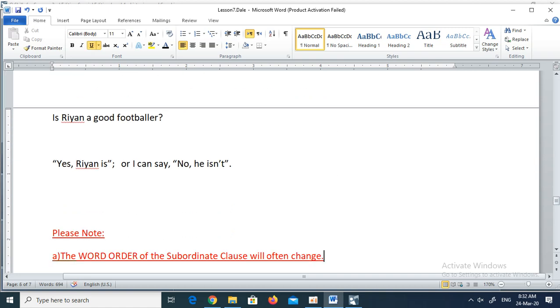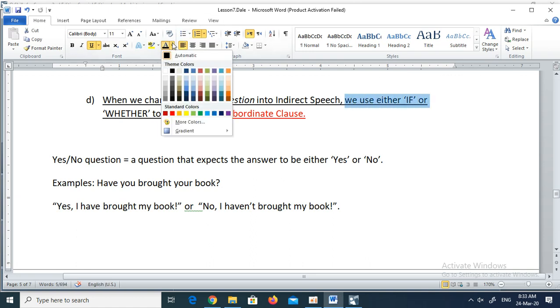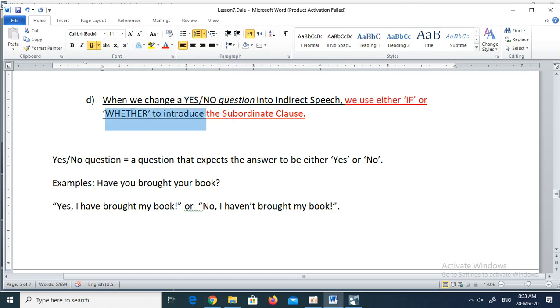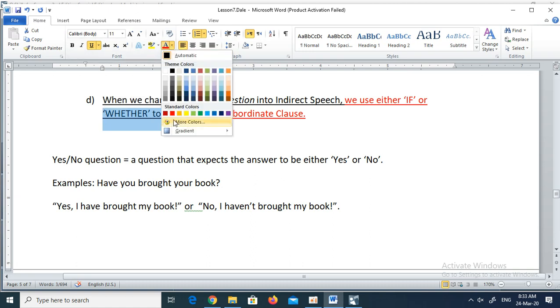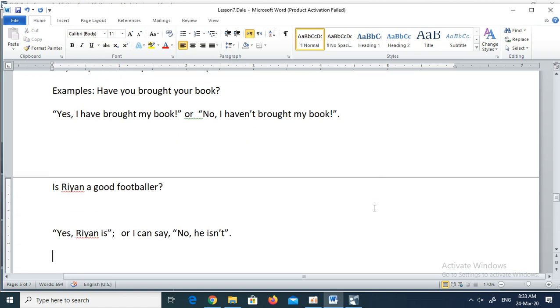Now, when we are doing yes or no questions in indirect speech, the subordinate clause is introduced by either the word if or the word whether. You can either say if or you can say whether. They mean the same thing in an indirect question.